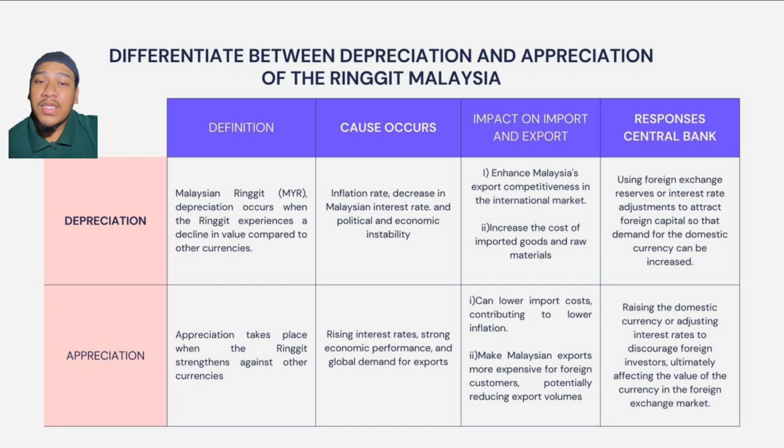And when there is appreciation, the central bank may intervene to prevent excessive strengthening, as it could have a negative impact on export competitiveness. Strategies may include selling the domestic currency or adjusting interest rate to deter foreign investors, ultimately affecting the value of the currency in the foreign exchange market.